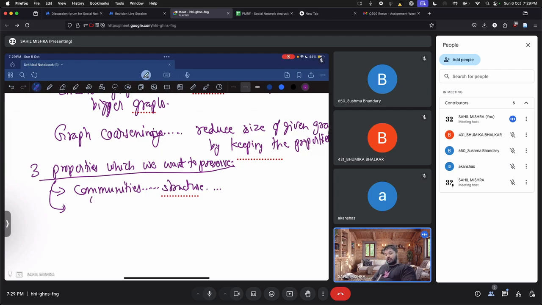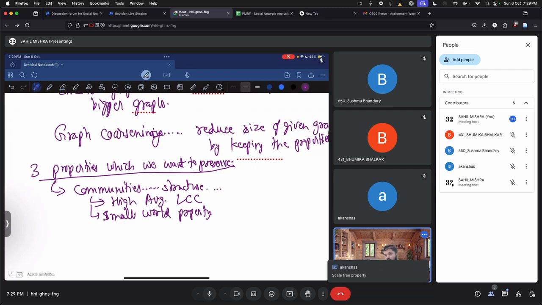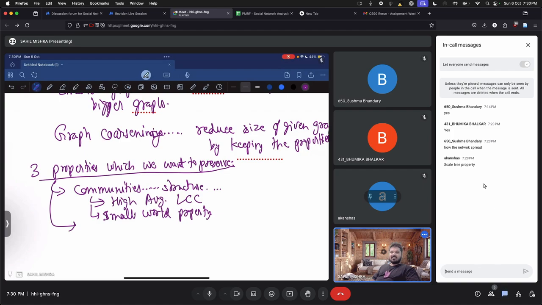From this, two types of properties come up. That is high average local clustering coefficient and small world property. Then the third property is scale free property. You guys are typing here. You can unmute yourself and tell.